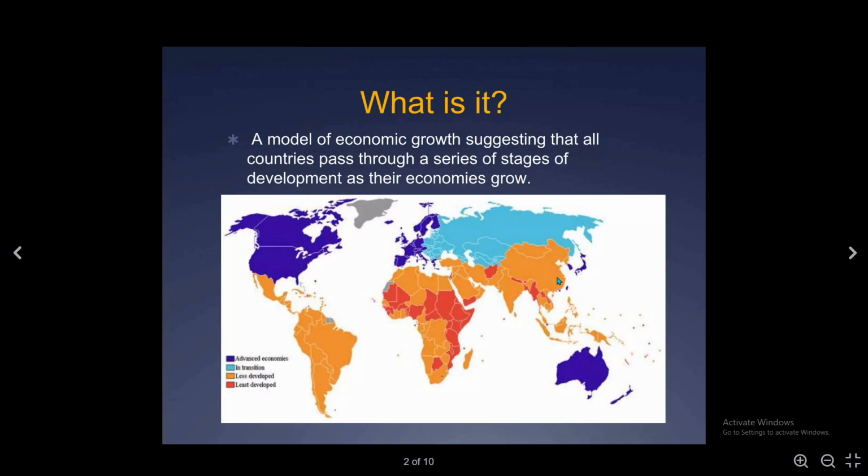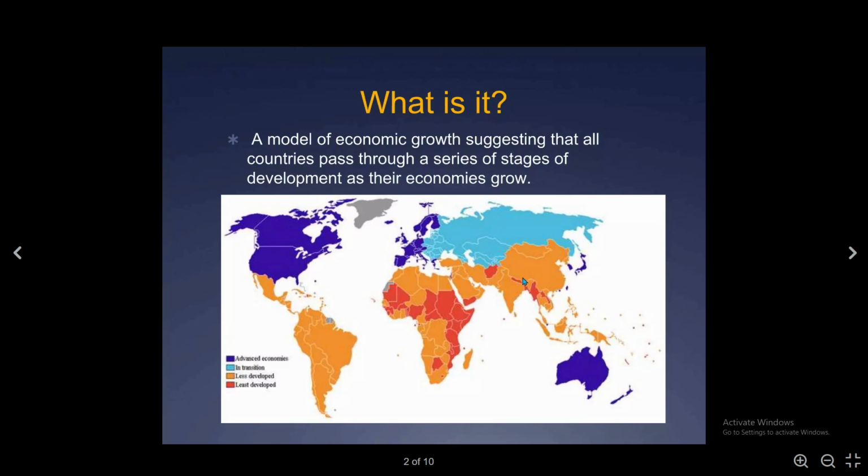In transition, we have a lot of Eastern Europe. Now, this map is a little bit old. There are some new nations in transition. For example, Brazil, India, and China would normally be considered in transition as well. So, they're moving through those economic stages.